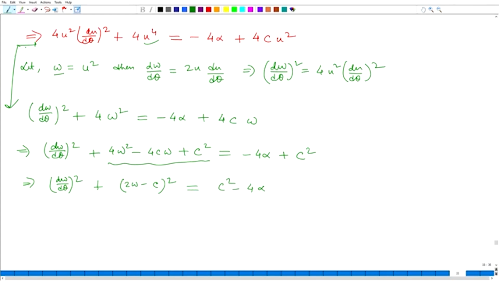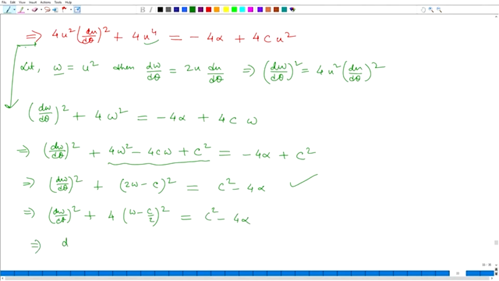Again, you see that we have a very convenient form. Why? Maybe some of you can already see, but some cannot. Now, if you write this as (dW/dθ)² plus, taking 4 common, 4(W minus C/2)² is equal to C² minus 4α.